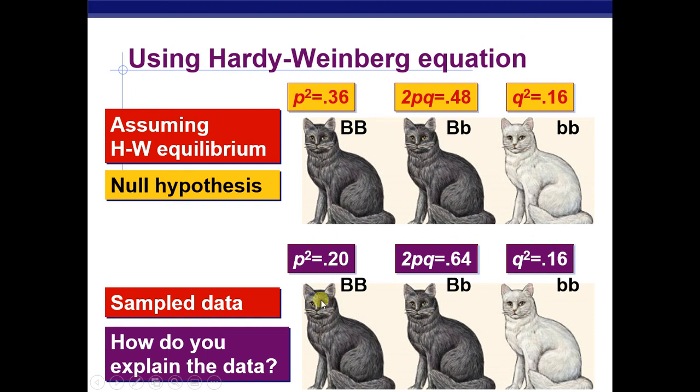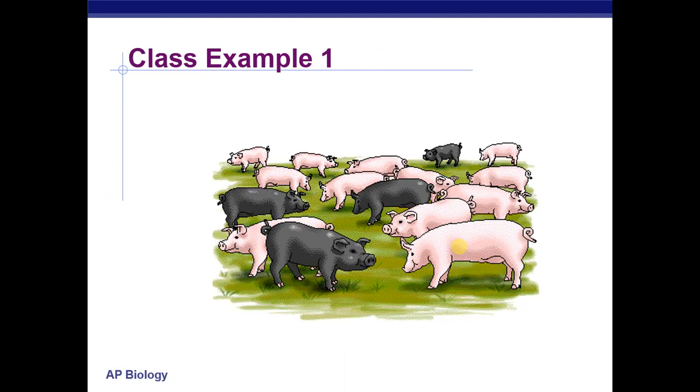Well, these differences between what we would assume we should get if the population was in Hardy-Weinberg equilibrium and what we did get show evidence that change, that evolution is taking place. And the greater the difference between these assumed hypothetical numbers and these sample data, the more quickly and strongly selection is taking place. So let's do another example.